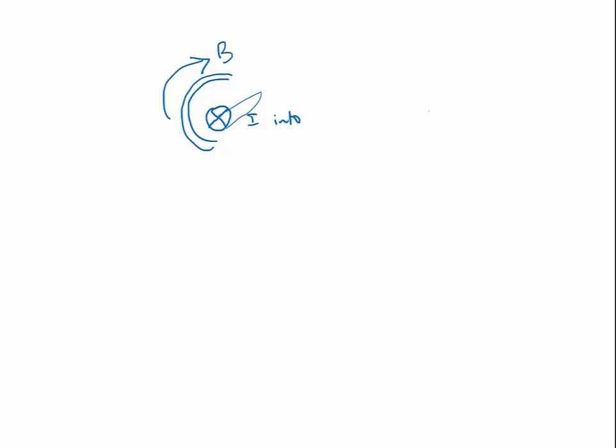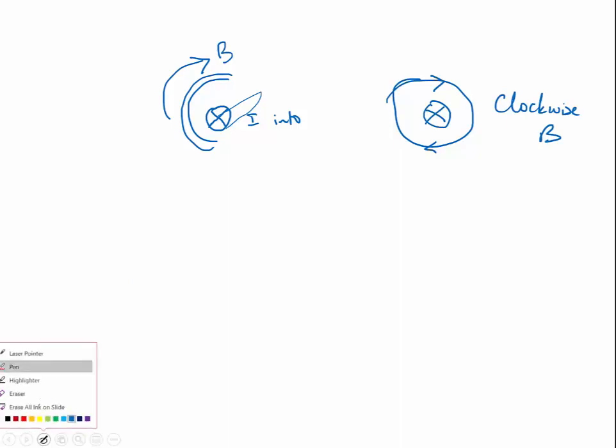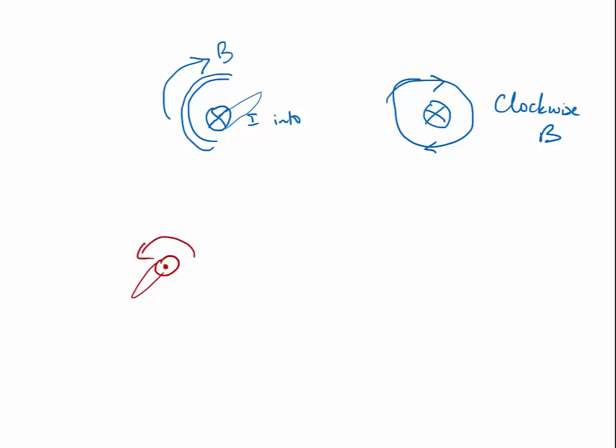So when you have a wire that has a current going in, the magnetic field direction is going to be in this direction, so it'll be clockwise. And if I have the current coming out of this slide, so if the current is coming this way, now I hold my thumb coming out of this page and my fingers will be curling this way.